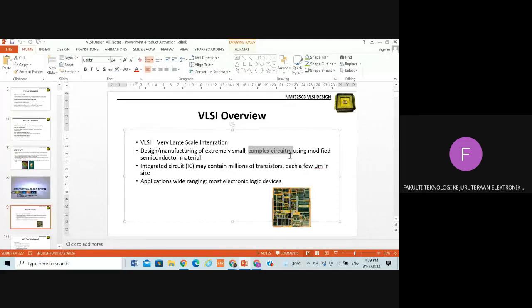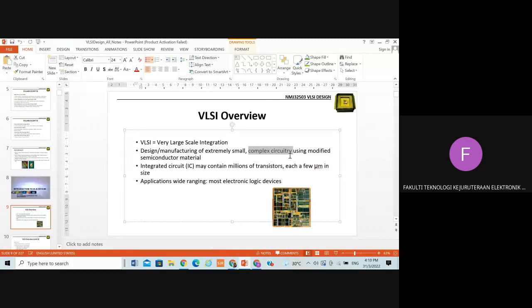Just imagine if you have designed a processor. The processor comprises an ALU, memory, controller unit. So those are among the important elements inside the processor. So how many transistors inside? That's why we have complex circuits inside it.